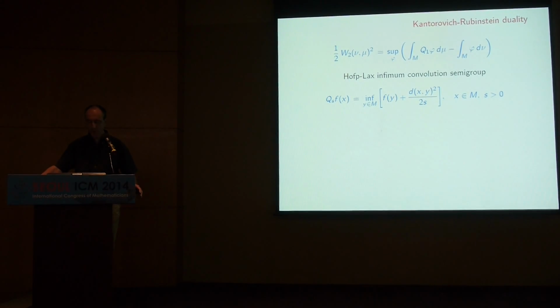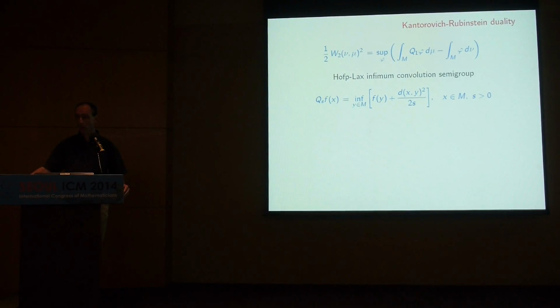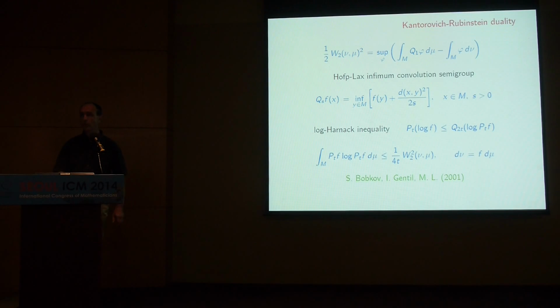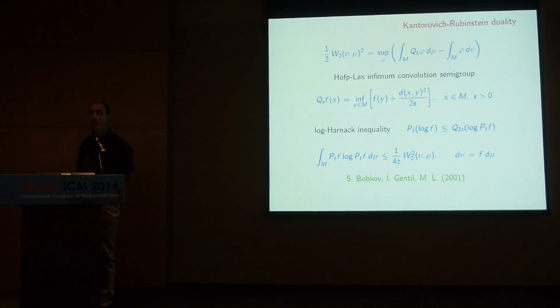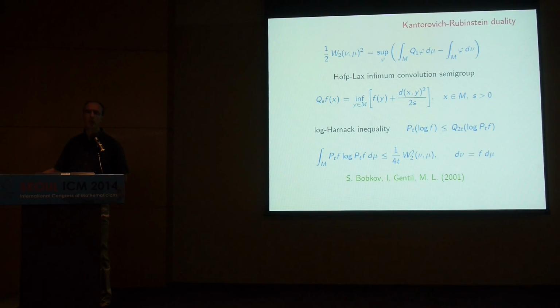Using this duality, what you have to do is simply to recast the log-Harnack inequality in terms of the Hopf-Lax semigroup, and what you see is this inequality, from which it's very easy to see that you can bound from above the relative entropy along Pt by the Wasserstein distance for the large values of t, and then for the small values you use, as usual, the Fisher information, and optimizing in t, combining the two, you get the HWI: H for entropy, W for Wasserstein distance, and I for Fisher information.